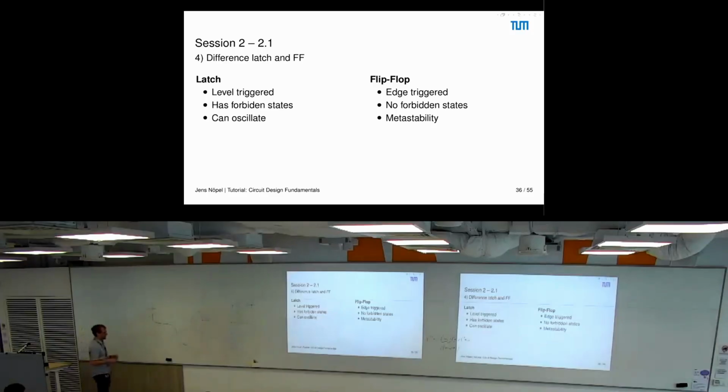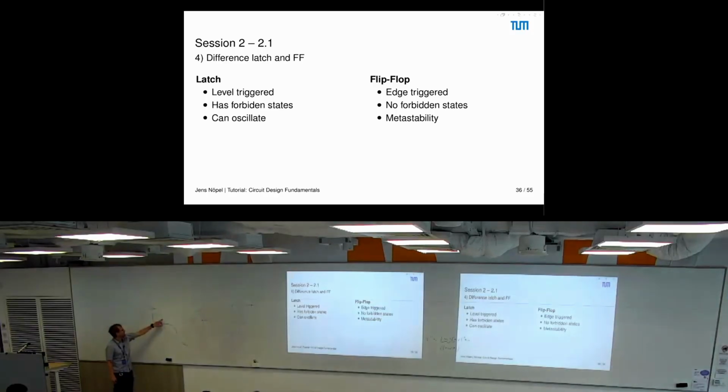And what happens if we sample at a wrong point in time? Then we would not have a V in that is here or here, but maybe a V in that is, for example, here. At this point we would get a V out that is here.